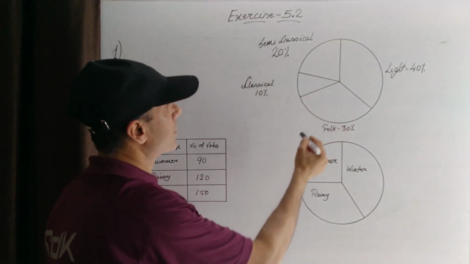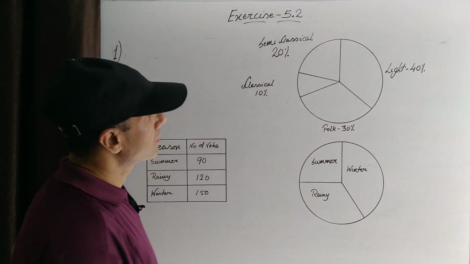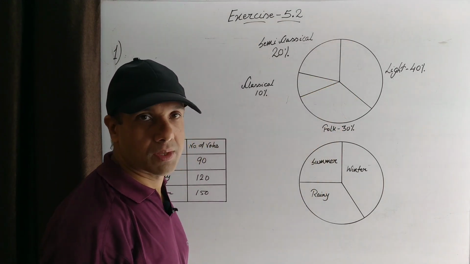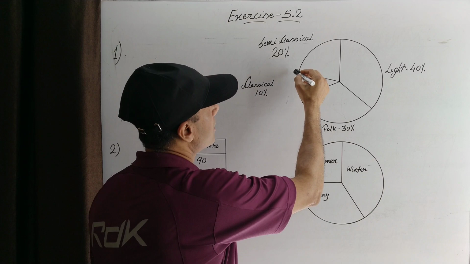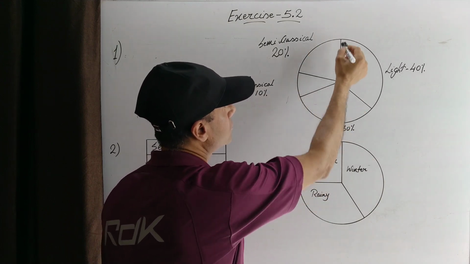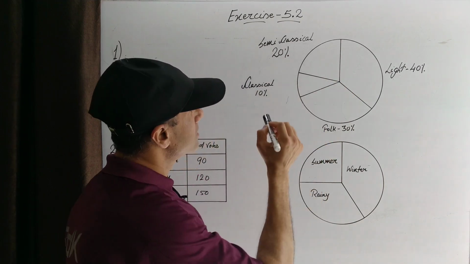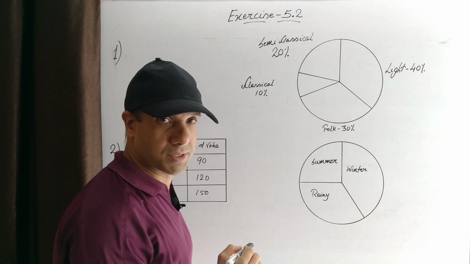This is representation of data in a circle. Each data is represented in a sector. This sector is delineated by an arc of the circle and two radii. Two radii at the center form the central angle of the sector.